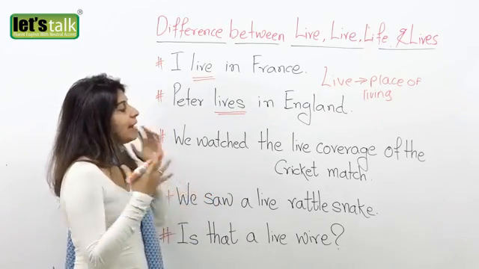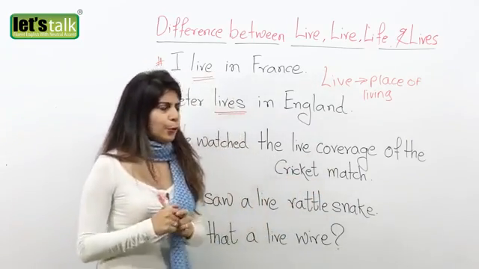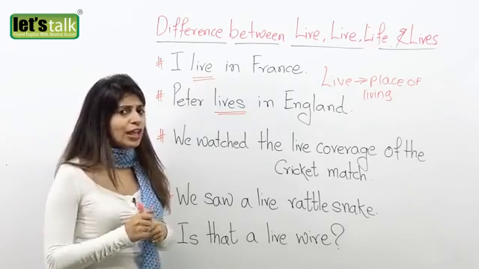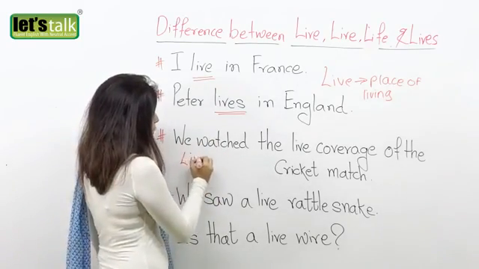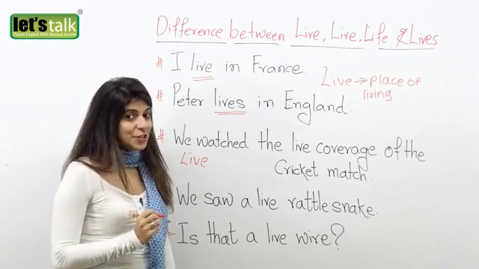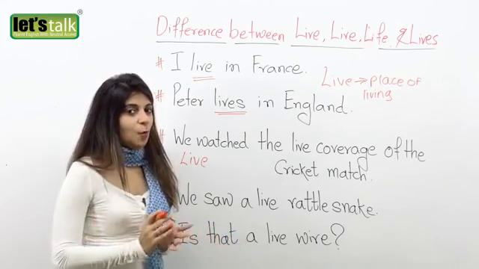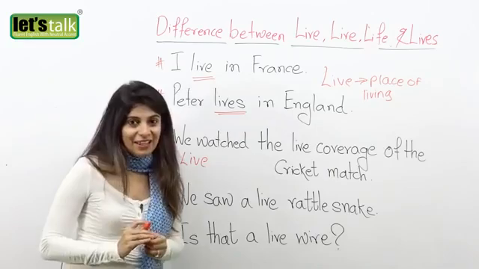Now, the next sentence here. We watched the live coverage of the cricket match. Now again, we are going to look at the word which is spelled as L-I-V-E. But guess what? The pronunciation is different. We are not saying live, but we are saying live.